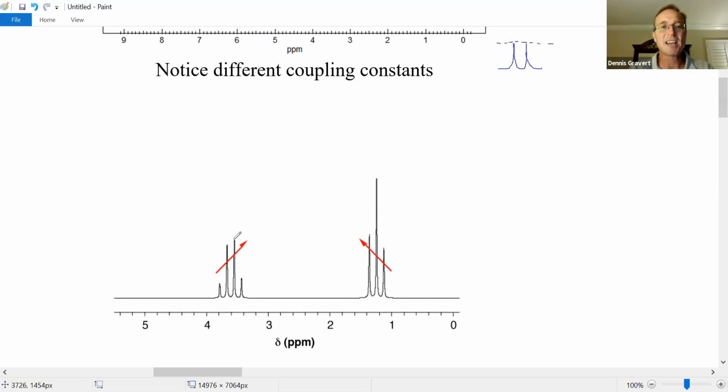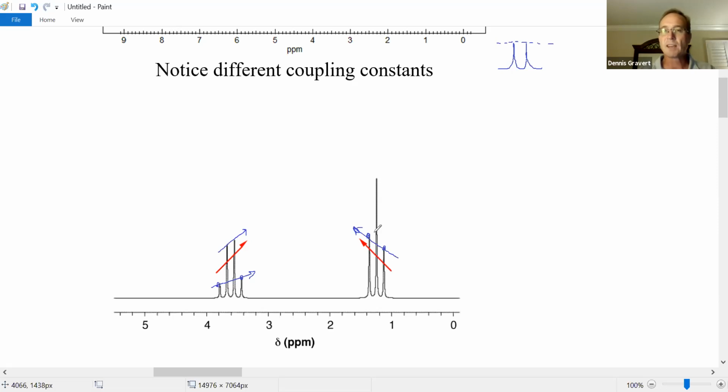So here's a quartet, and I would expect the outer peaks to be the same height, and the two inner ones should be taller, but the two of them together, comparing one to the other, should be the same height, but they're not. This one here is a little bit taller. And this one on the right is a little bit taller. And if you come over here, the same deal. This one and that one are not the same height. That's what I would expect.